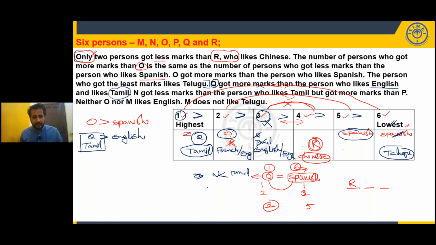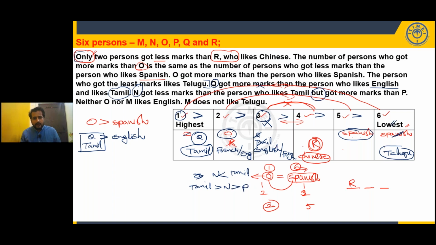N less than Tamil is as good as Tamil greater than N. But N got more marks than P. N got less marks than Tamil, but more marks than P. Here 'but' refers to the first subject, so N got more marks than P. So Tamil is greater than N, and N is greater than P.